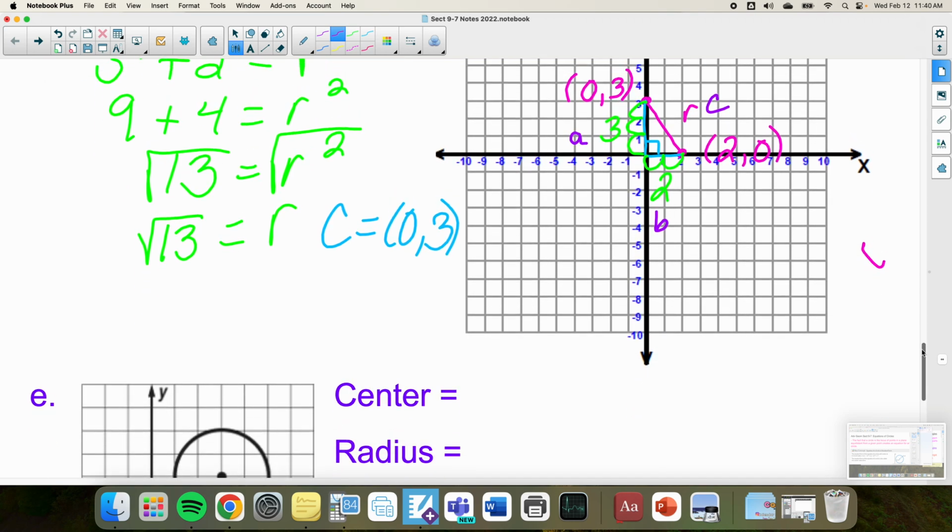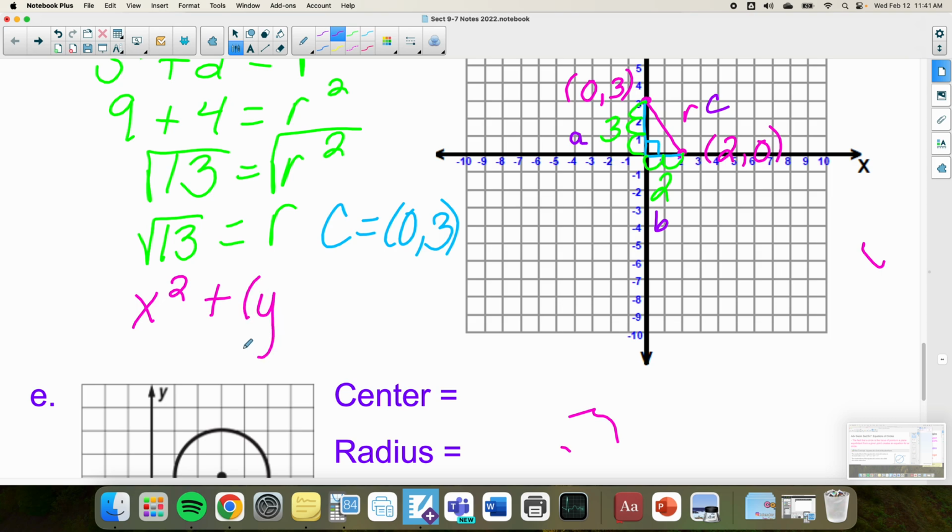Now, when you go to do your equation, if x or y has a 0, you don't have to do the parentheses squared. So x has a 0, so I would write that just as x squared plus. You could do the parentheses, x minus 0 in parentheses squared, but you don't have to.